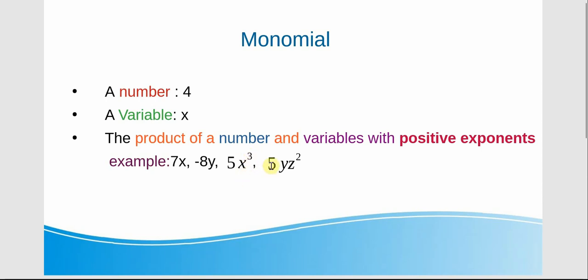If we look here, we have another monomial, which is 5yz squared, a product of a number and variables, and they all have positive exponents, y raised to 1 and z raised to 2, or z squared. So these are examples of monomials.